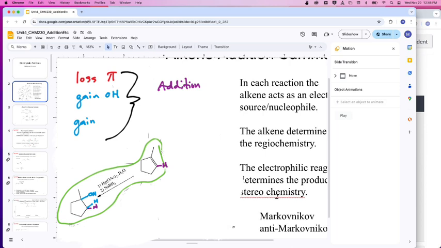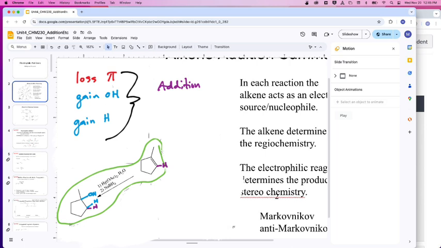You gained a hydrogen. That hydrogen was also gained to process this chemical reaction, which means you placed 2 things on this, OH and H. Where did you place the OH?